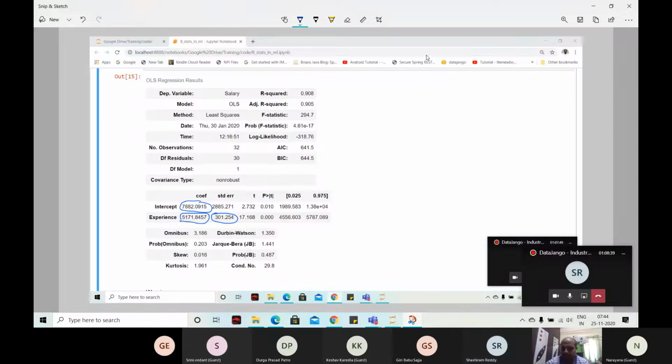Okay, so here, when you say this number and this number, how did it get generated? It took the actual experience column and the actual salary column. It formed m number of equations, m number of records, and n number of features.